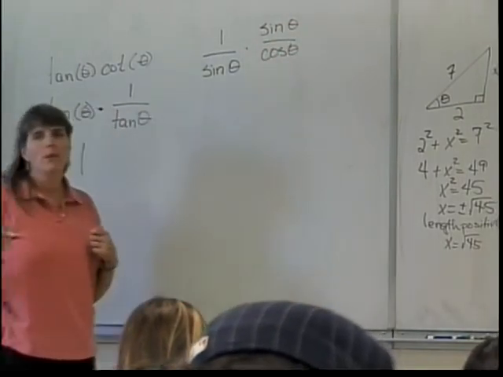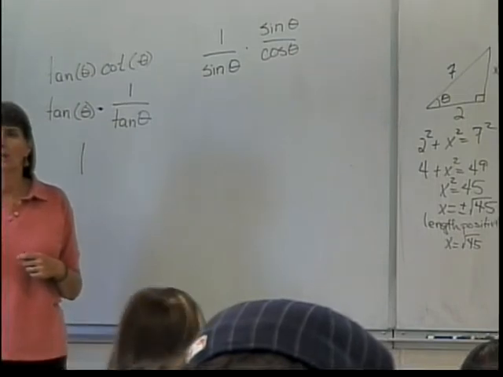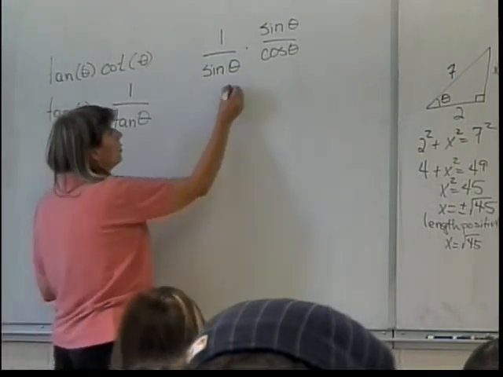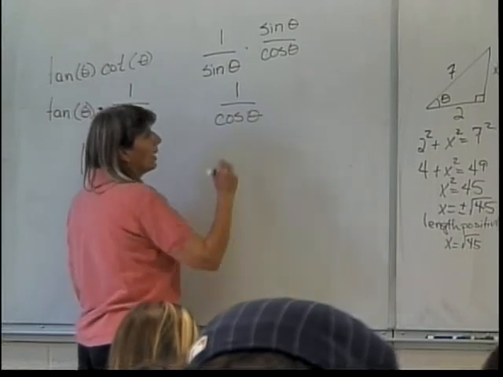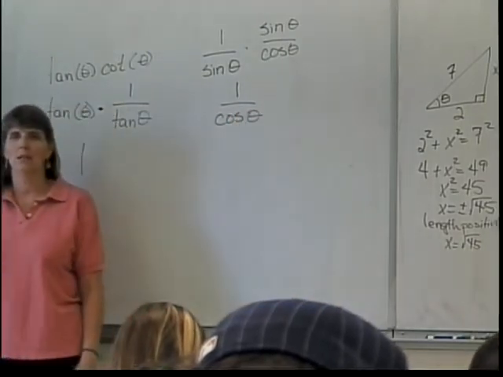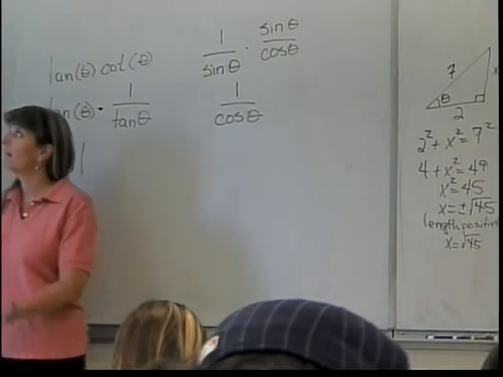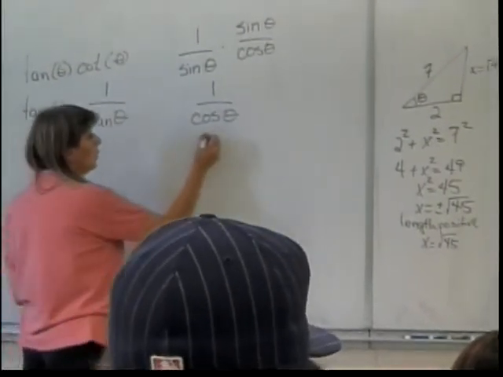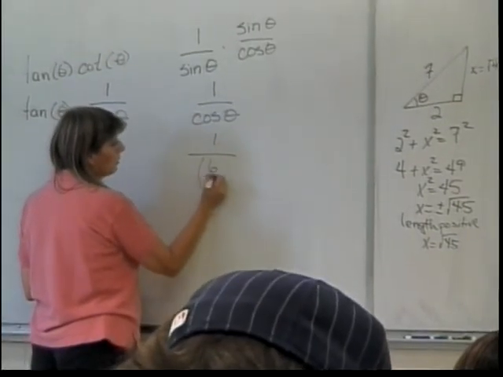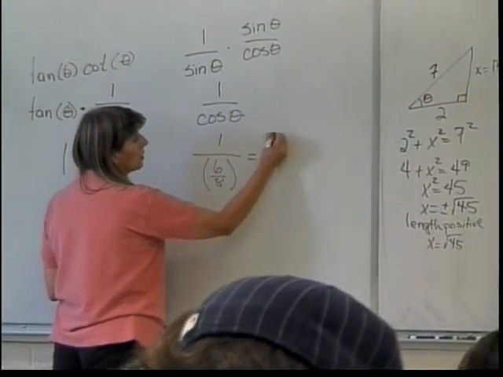So when I multiply those two together, what do I get? 1 over the cosine of theta. And what would that value be? 8 over 6, because the cosine of theta is 6 over 8, so this would be 1 over 6 over 8, which is 8 over 6.